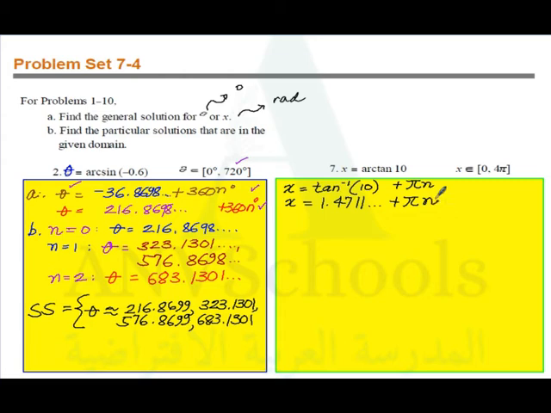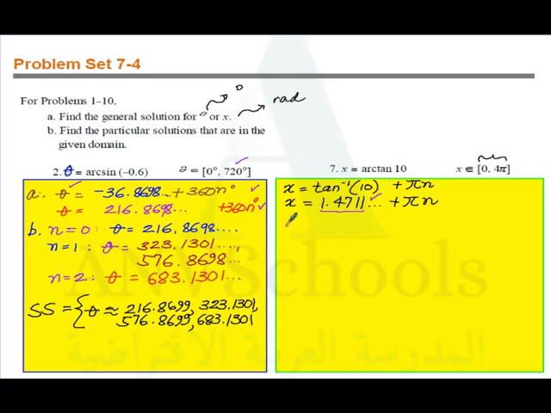This is the general solution for arctan. And how do we find the solution here? The domain is from 0 to 4 pi. So the first one to come in is 1.4711. It's included in the solution.